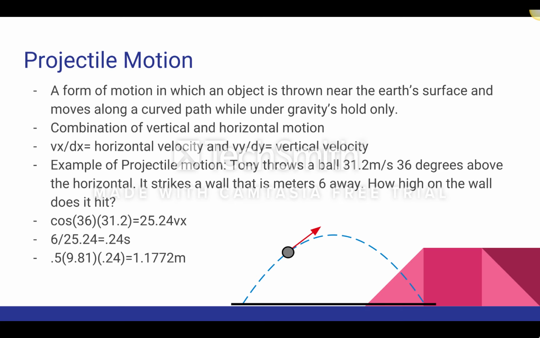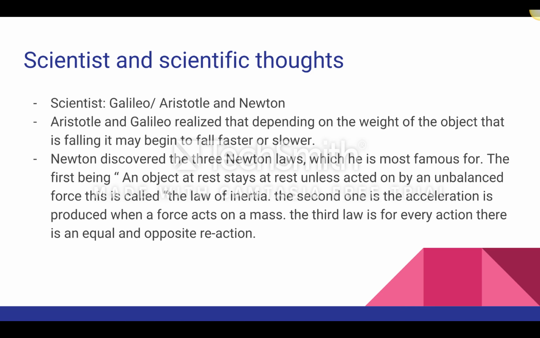Then you would multiply 0.5 by 9.81, which is Earth's gravity and never changes, times the seconds, which is 0.24, to give you your meters on how high the ball hits, which is 1.1772 meters.